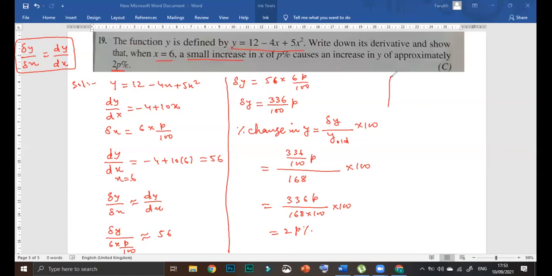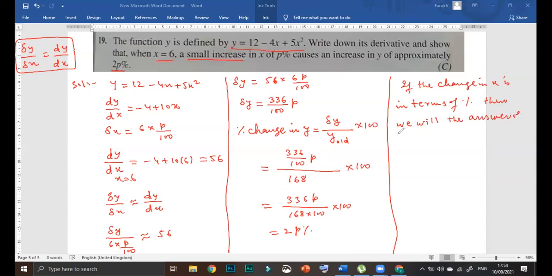Now remember this. If the change in x is in terms of percentage, then we will give the answer of change in y in terms of percentage.